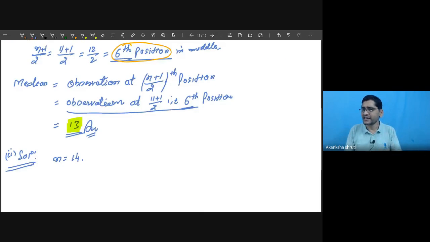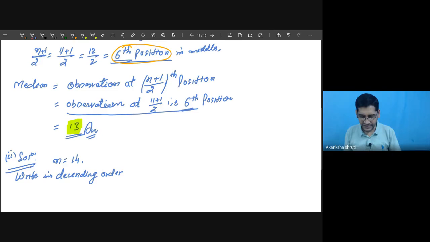Let me write the data in descending order. You are free to write in ascending or descending order. If there is a 0, you have to count it. If the data is repeated, you still have to write it twice.